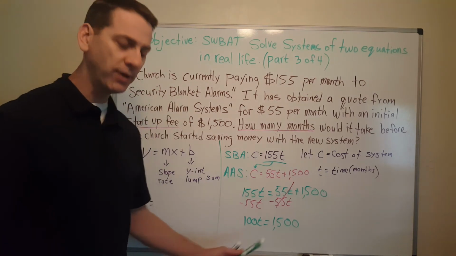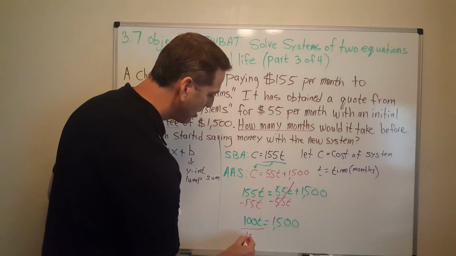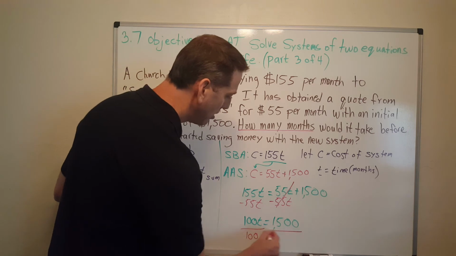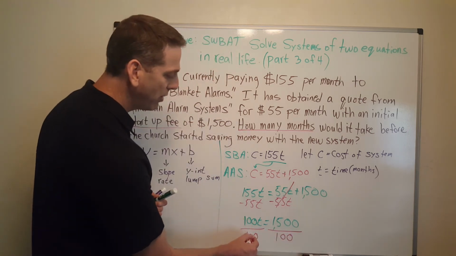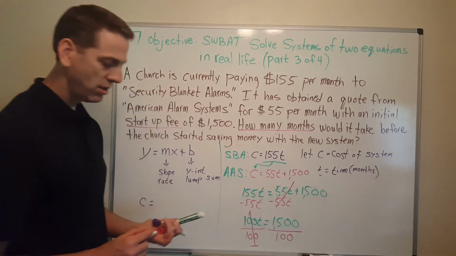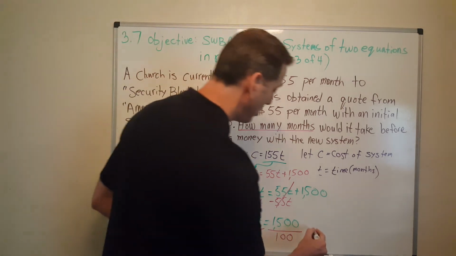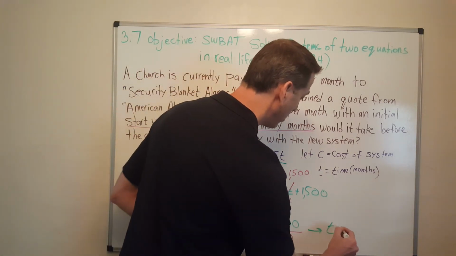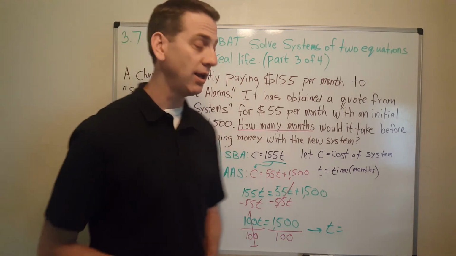The inverse of multiplication is division. So I'm going to divide by 100 on both sides. 100 divided by 100 is 1. So I get 1T, or just T. T equals what?